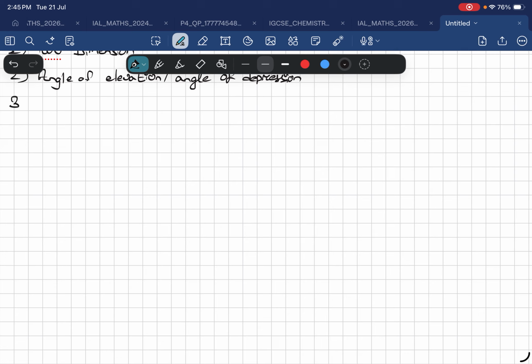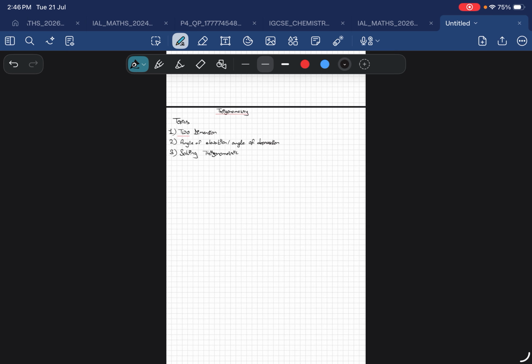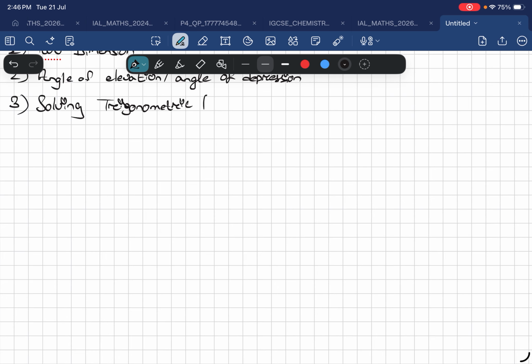Number 3, solving trigonometric ratio. Number 4 is bearing.